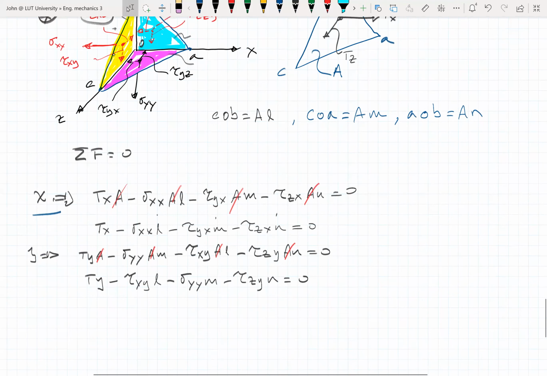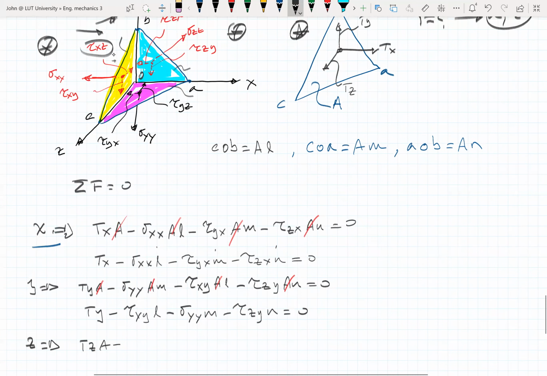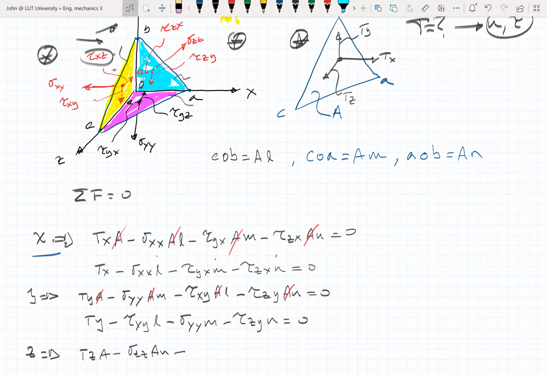Then in the z-axis, I'm going to have Tz times a minus, let's see, z-axis. Who is applying on the z-axis? Oh, definitely sigma z. Yeah, that is applied in the AOB area, a n minus, what else is aligned with the z-axis?